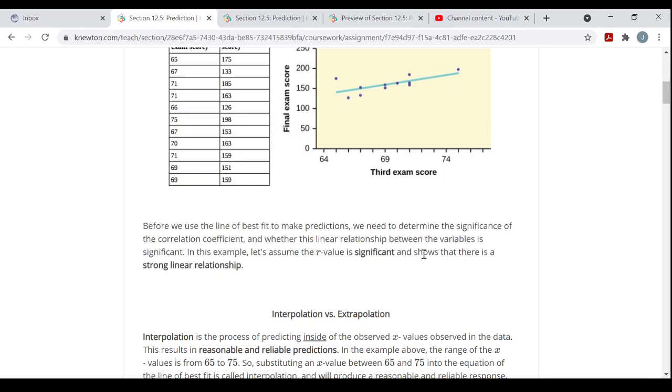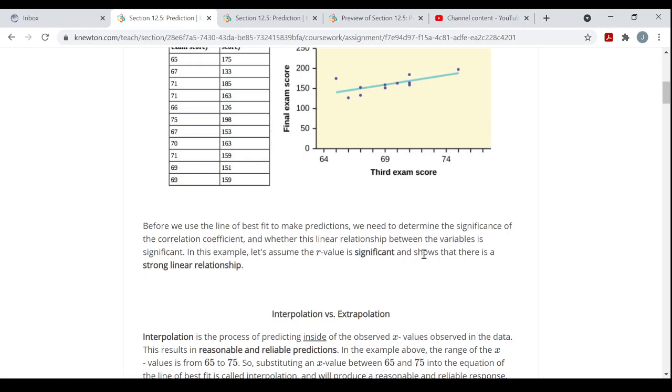You saw me do this in previous videos; they're not going to have you do it here. But you remember taking the value of R and comparing it to critical values of R with n minus 2 degrees of freedom, the number of points minus 2. You compared your R to these critical values.